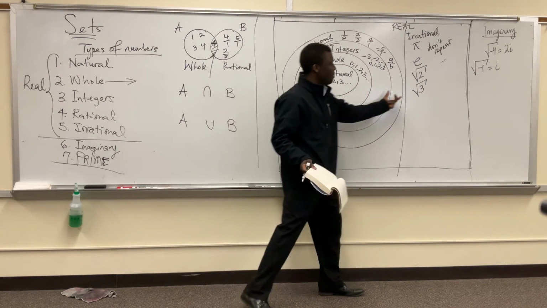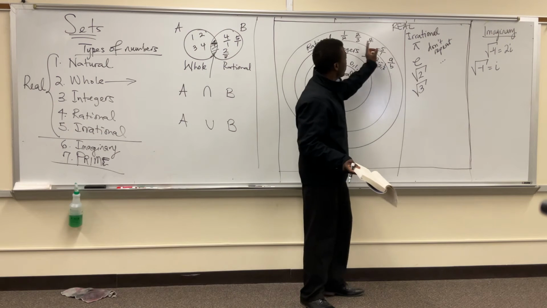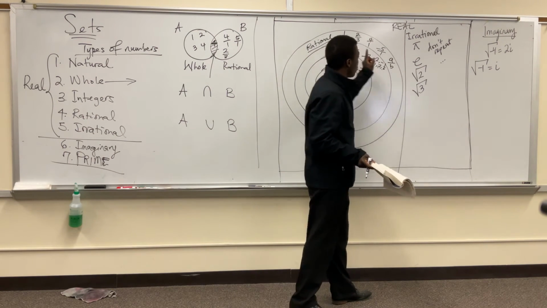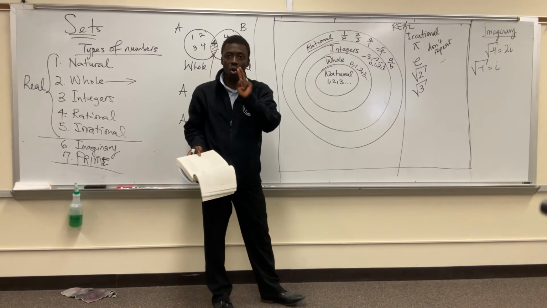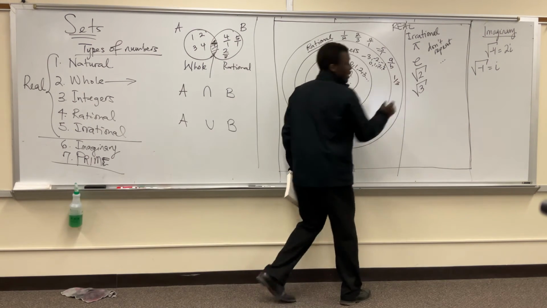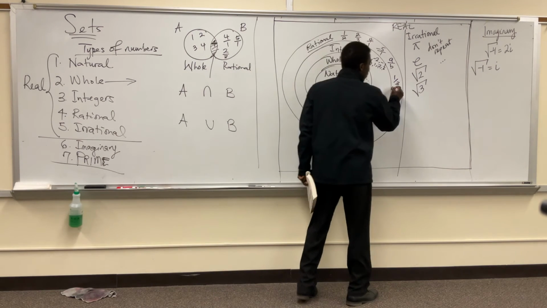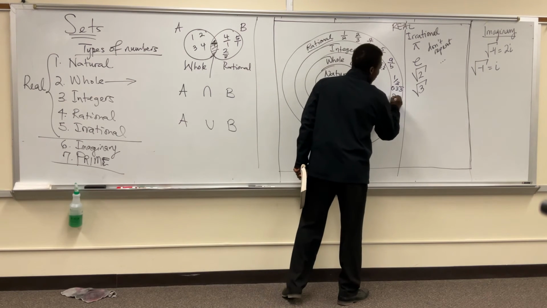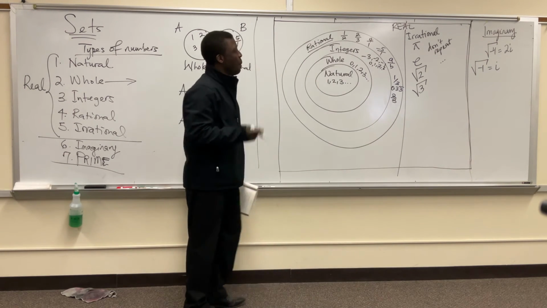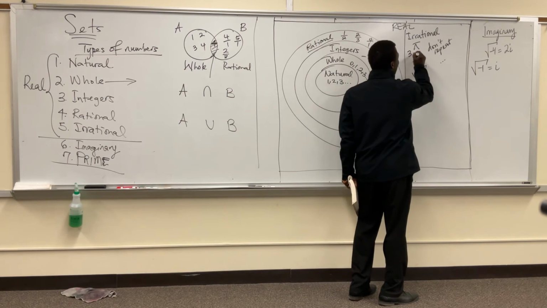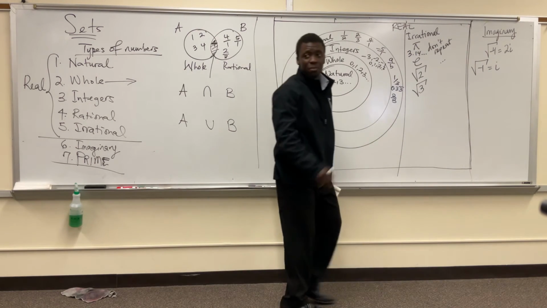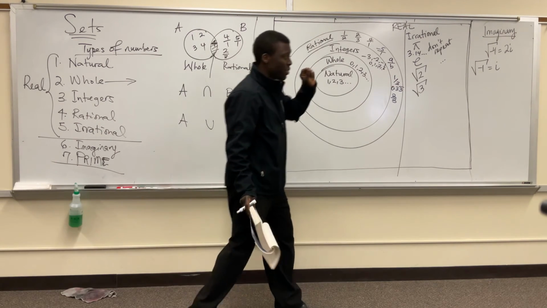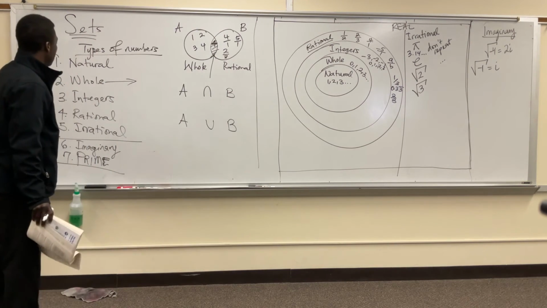Notice that there's no intersection between the rational and the irrational, because a rational number has to terminate or repeat. So 1 over 3 is rational, because it's 0.333 repeating. 2 over 3 is rational. But when you get to pi, 3.14 and so on, it just goes on and on. We've calculated it to billions of digits. So those are the general categories of numbers. It's important to know that.